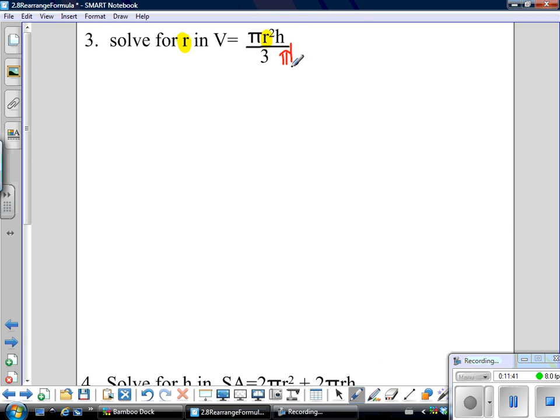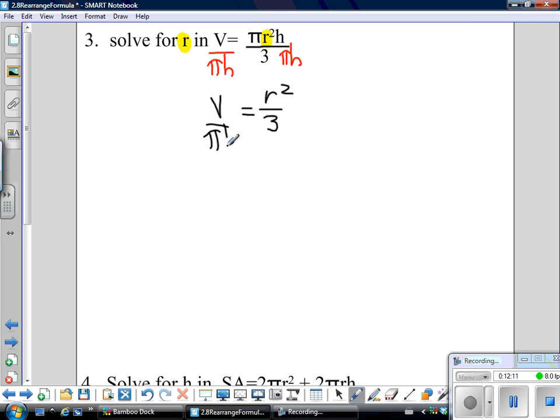Now notice I'm putting it on the denominator with the 3, which means I would have to do the same thing to the other side. And when I do that, what I end up with is still kind of a mess. The pi and h are gone from the right-hand side, and I'm just left with an r squared on the top. I still have my 3 on the bottom. And on the left-hand side, I have v over pi h.